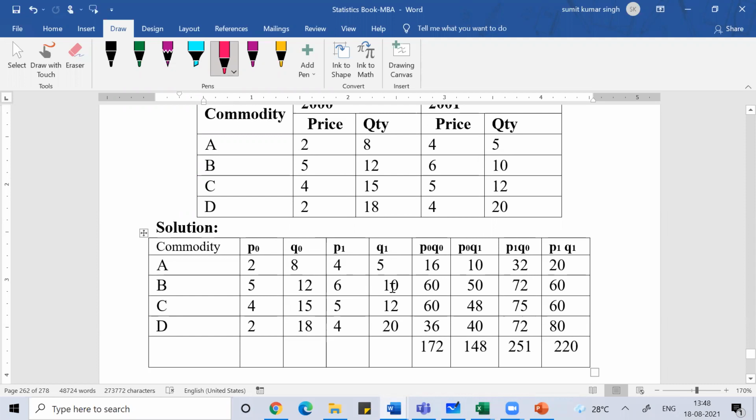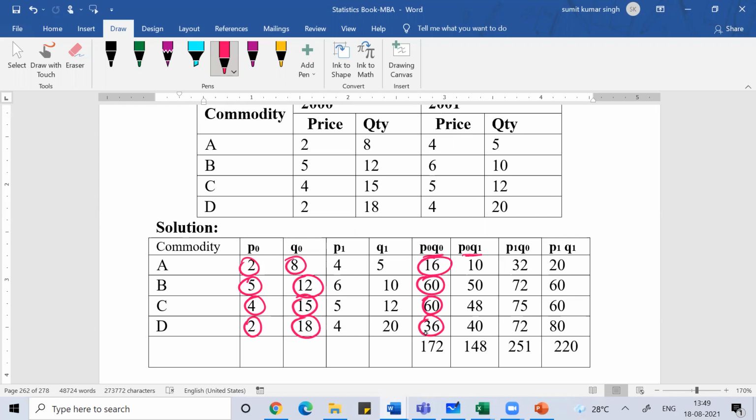So you can find P naught into Q naught by simply multiplying: 2 into 8, 16; 5 into 12, 60; 4 into 15, 60; 2 into 18, 36. So this is called P naught Q naught.